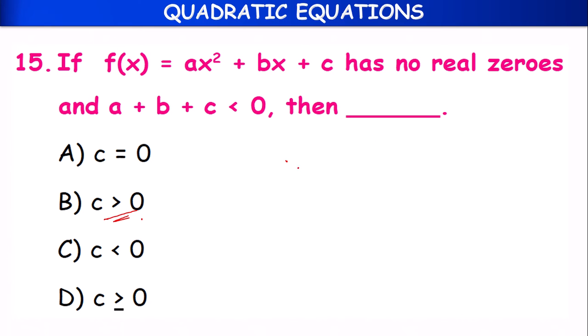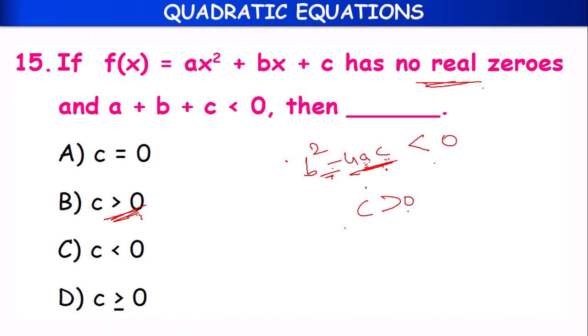So here b square minus 4ac should be less than 0 for no real zeros. If C is greater than 0, then what happens? Here the condition is A and C, because here we are having a minus sign.